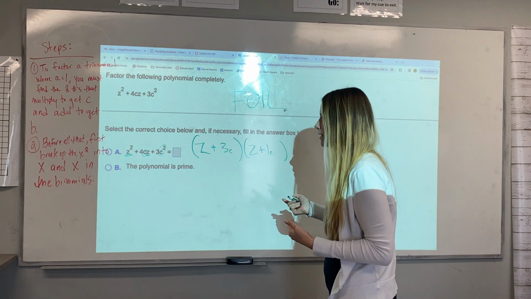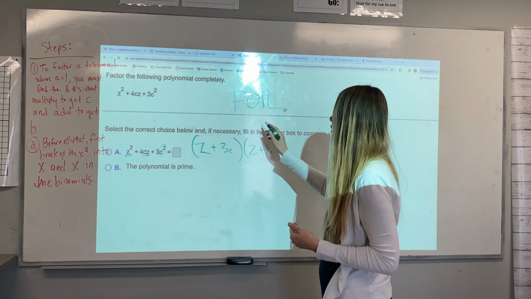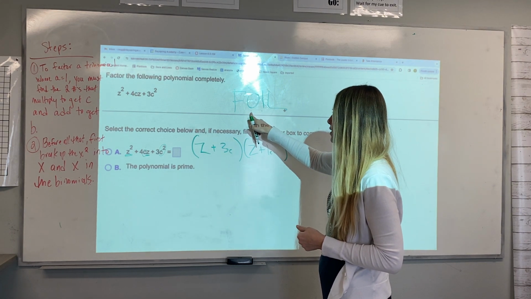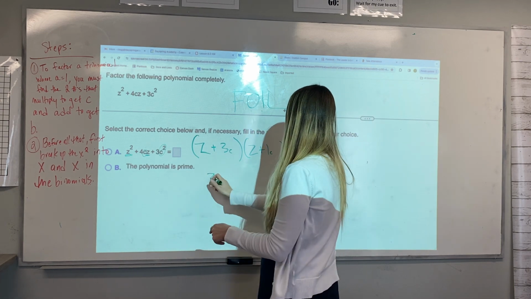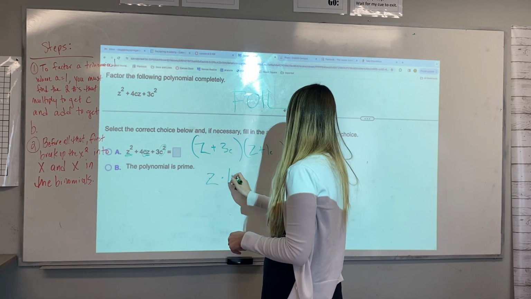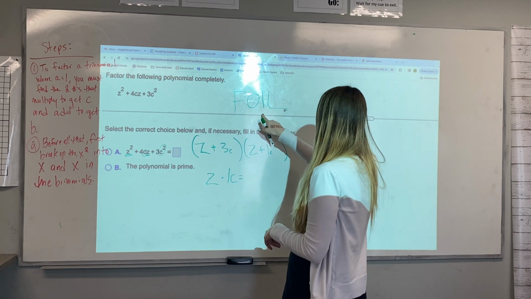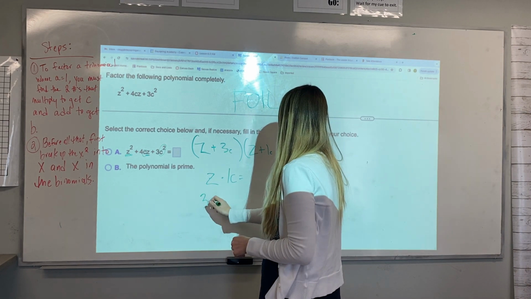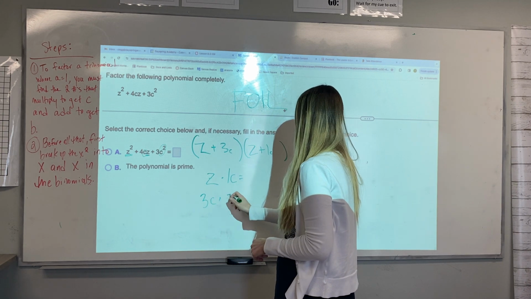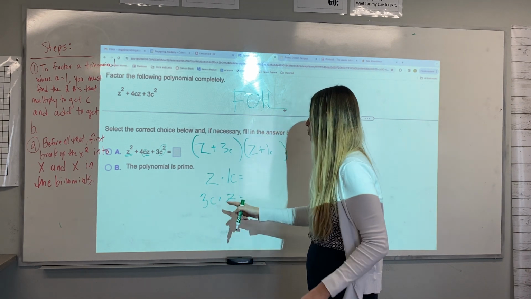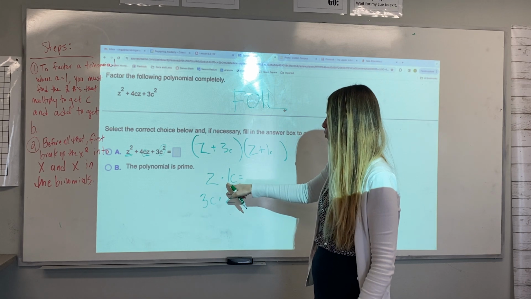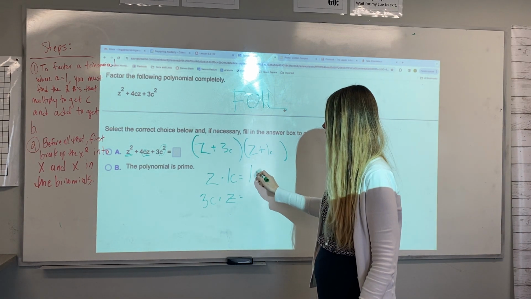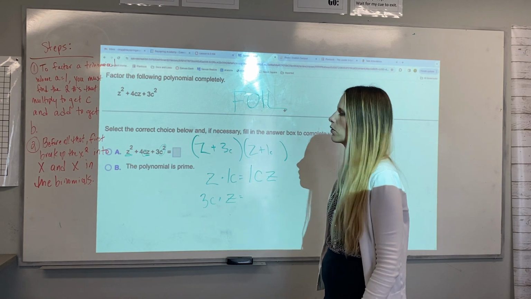The other reason is because the O and the I in FOIL stand for multiplication of the outer terms, z times 1c, and multiplication of the inner terms, which are 3c times z. What's z times 1c? 1c, z, just put them in alphabetical order.